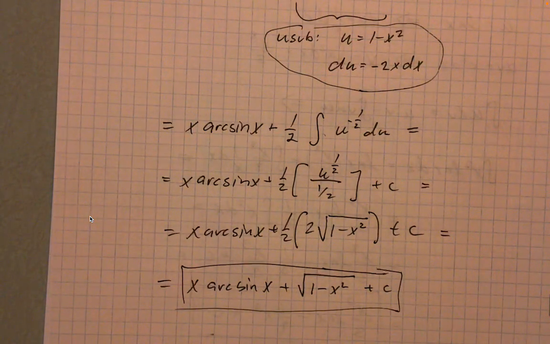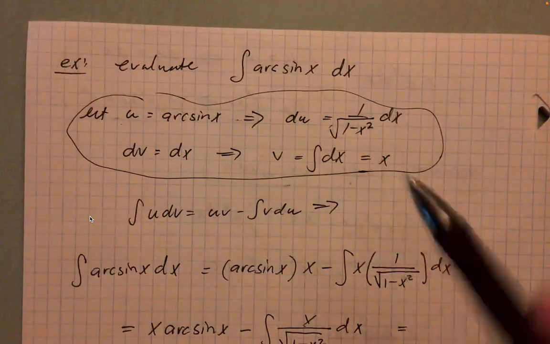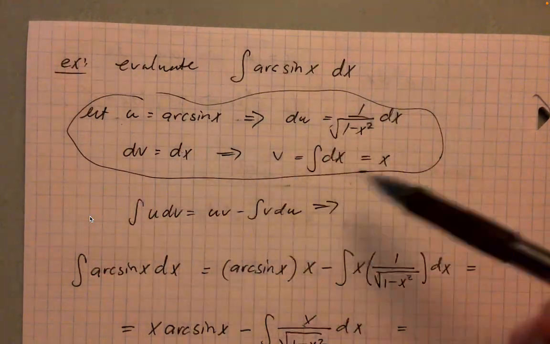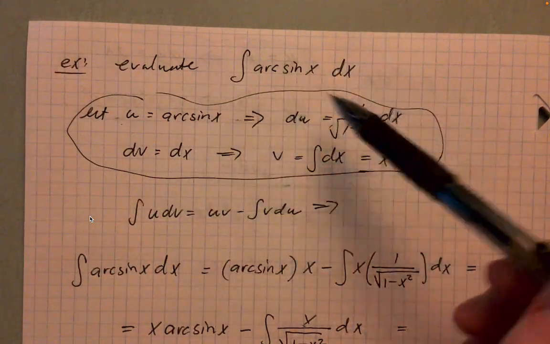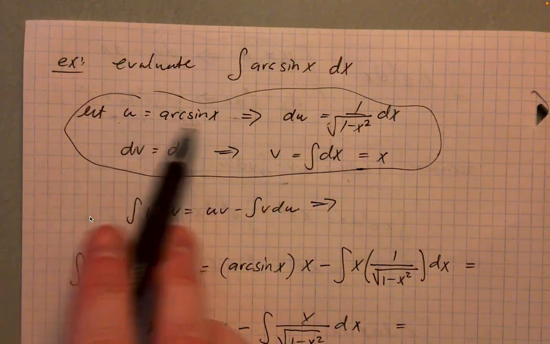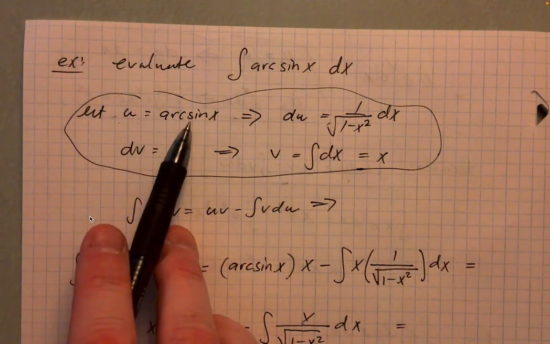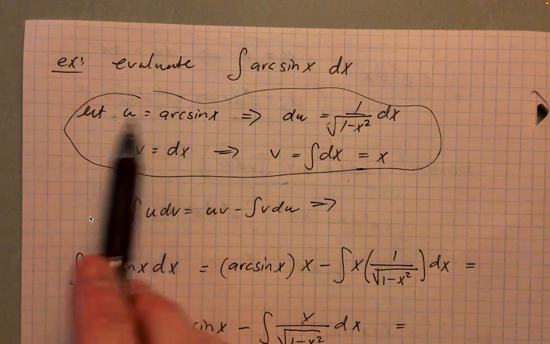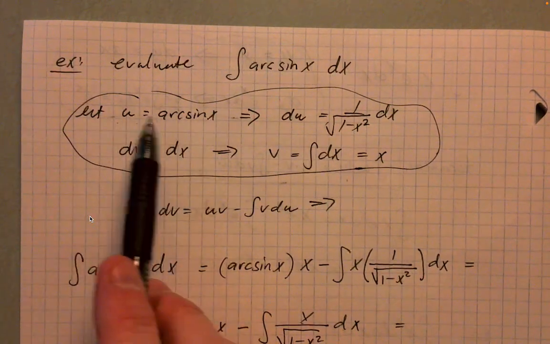Right, so not an easy integral, but doable. And part of the way you would do this is through using this integration by parts. A choice here that would maybe be hard to see through to the end is how this choice of u is going to play out.